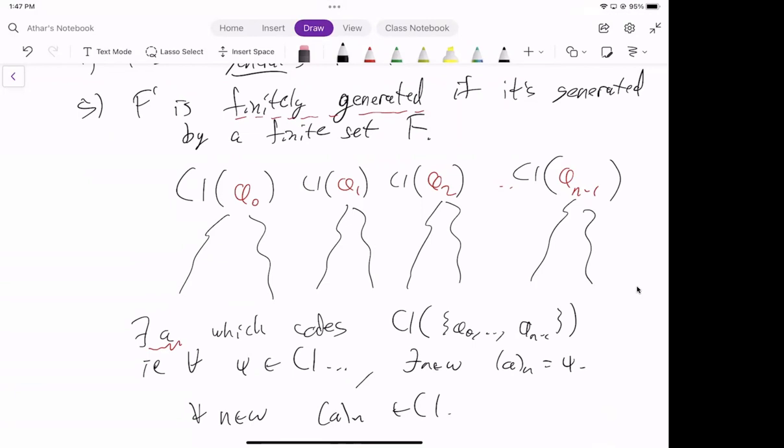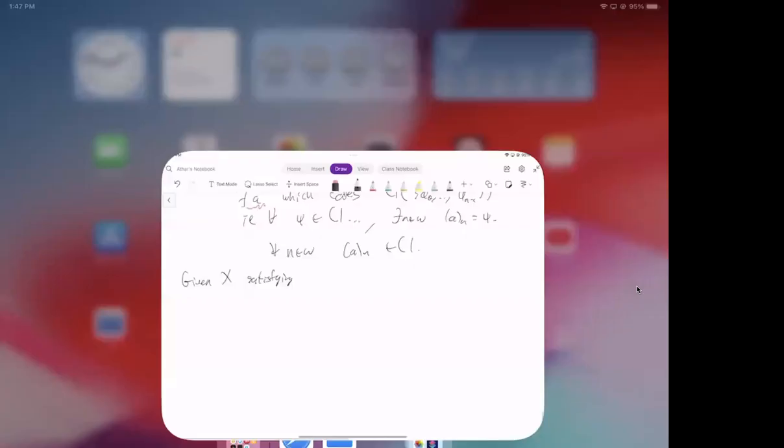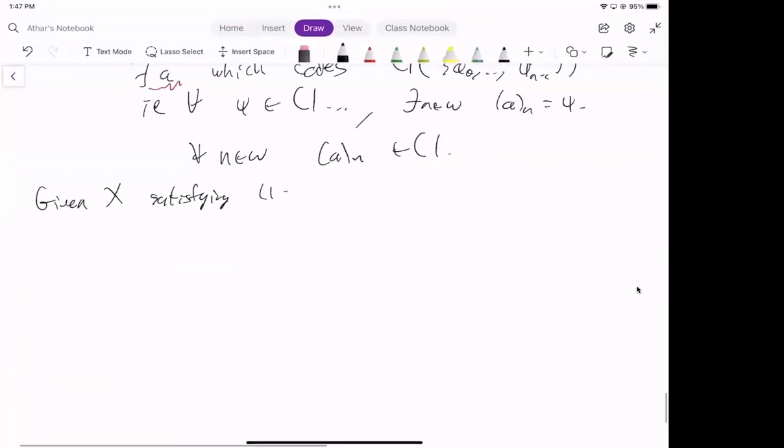All right. So given a set X satisfying properties 1 through 3, we build sequences F0, F1, etc.